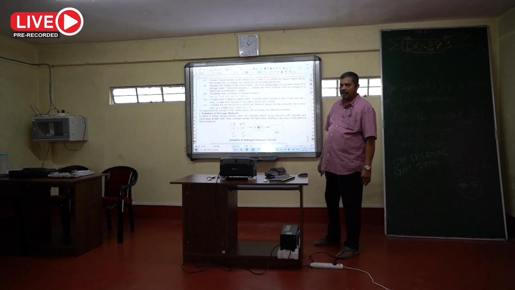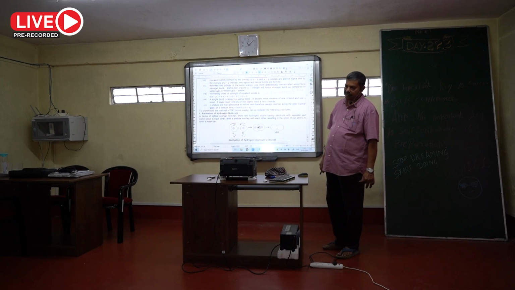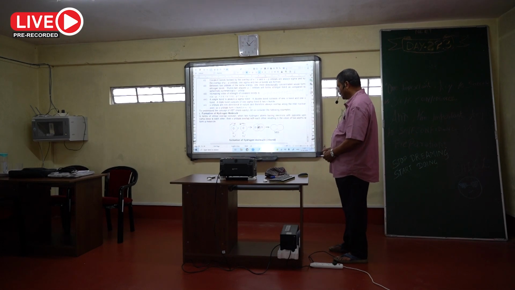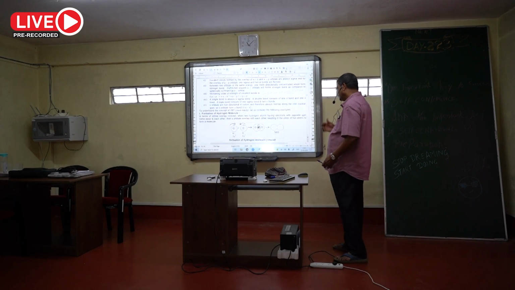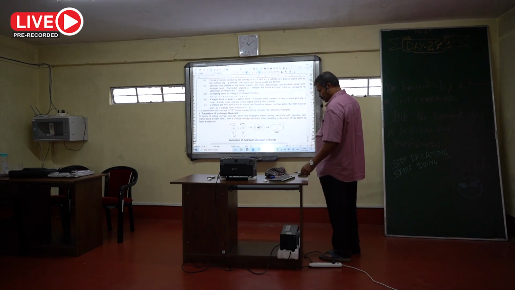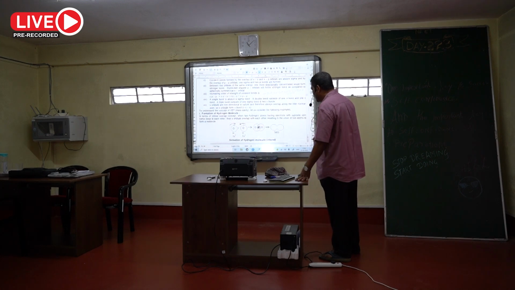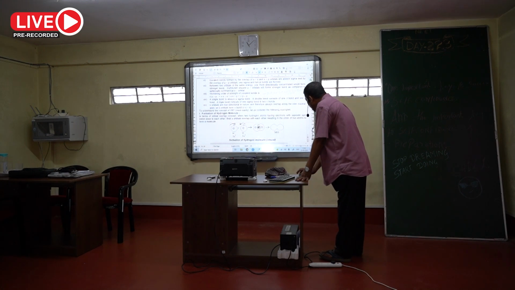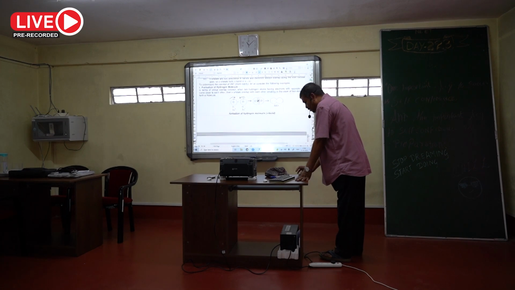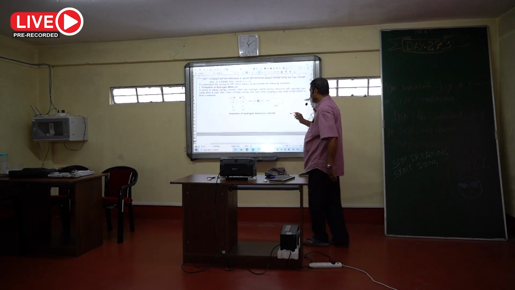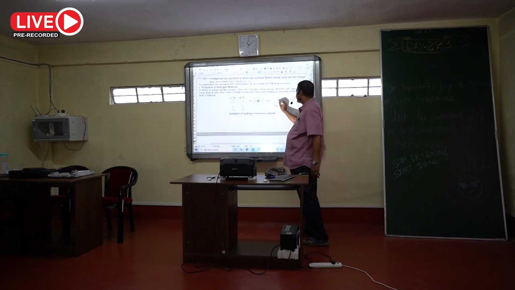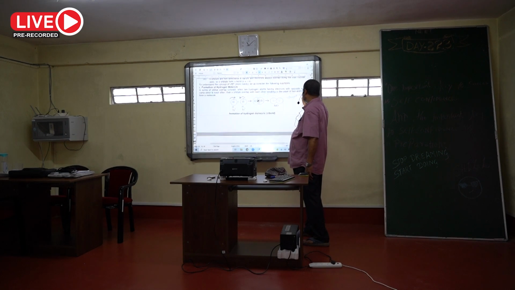Because 1s orbital overlap is the strongest in the periodic table. So this is 1s orbital overlap. It is the strongest bond. Strongest single covalent bond.